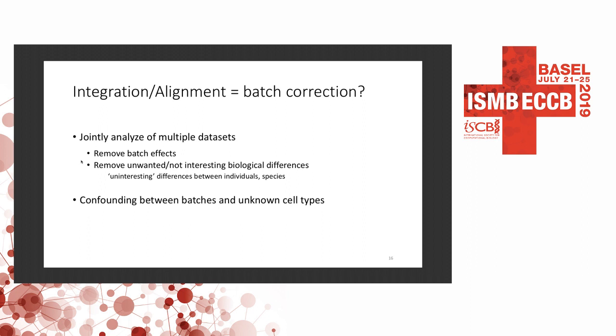But what I want to mention here is that the biggest challenge is the confounding between batches and unknown cell types. For example, when I try to align two different samples, they are different because they are in different batches, and they are also different maybe because one population has a new cell type that's not represented in the other.